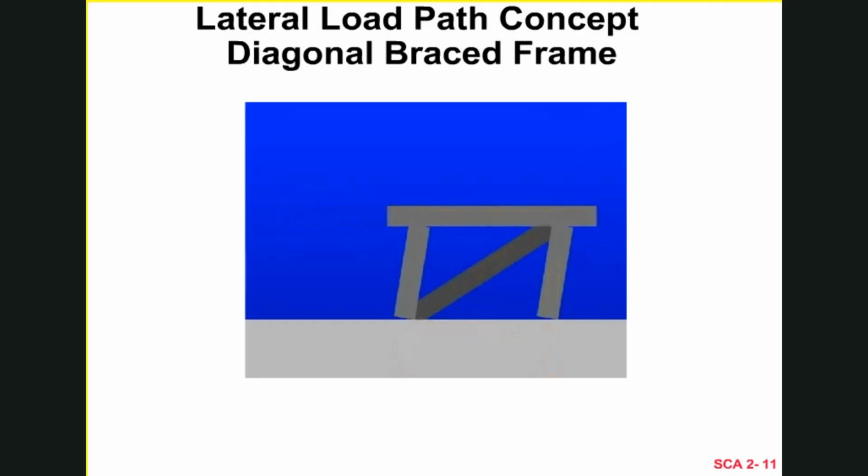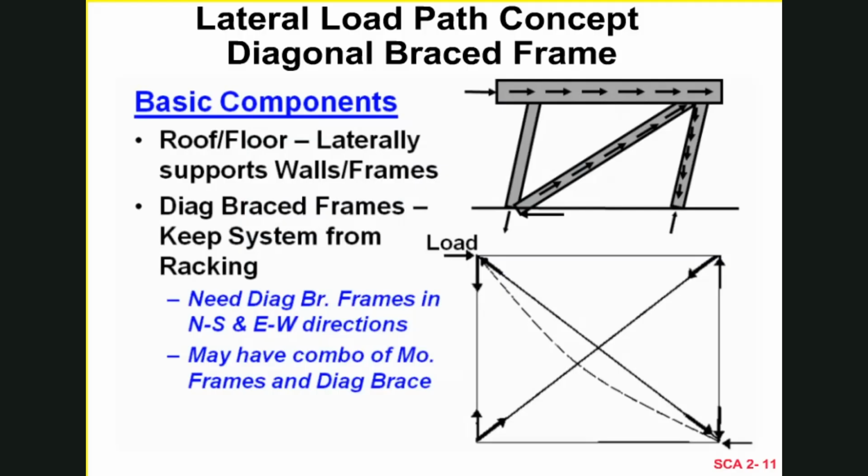We may use a single diagonal brace, or more typically, particularly in lighter structures, a pair of diagonals. In the figure shown, we are using a single diagonal to resist the lateral load. Under its action, the diagonal goes into tension.